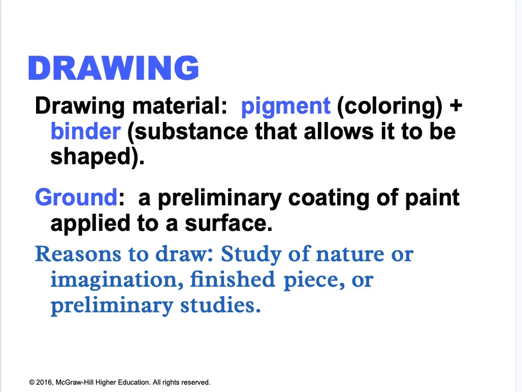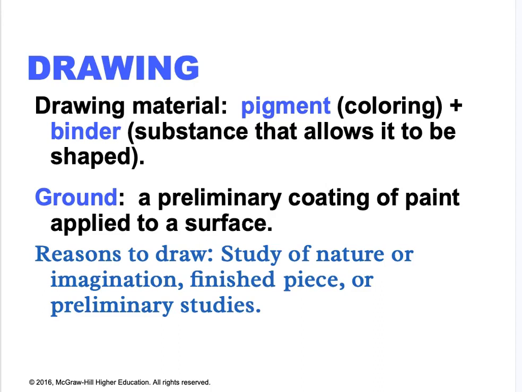So ground is a preliminary coating of paint that's applied to a surface. Oftentimes with drawing materials, if you think about it, even with a pencil, it's a solid substance, graphite, in your pencil lead, and you are causing it to make a mark on a surface. So it's leaving behind itself as it makes a mark, right? That's what the mark is.